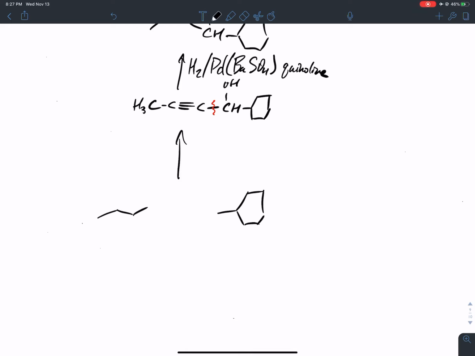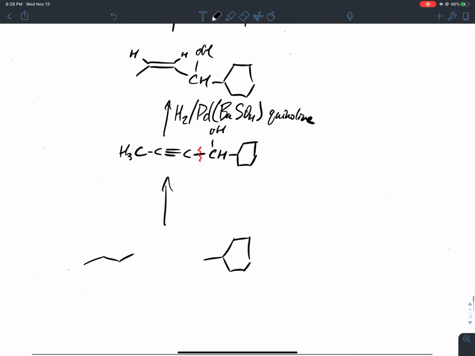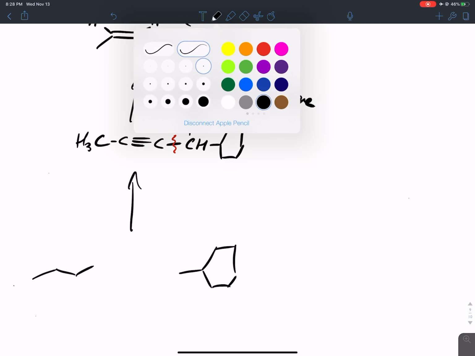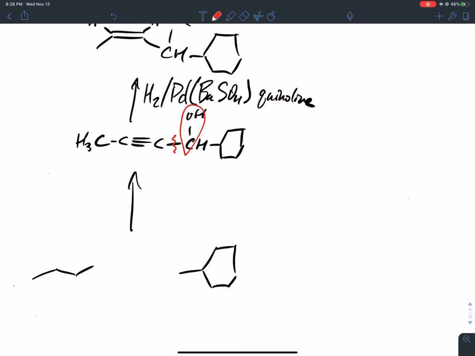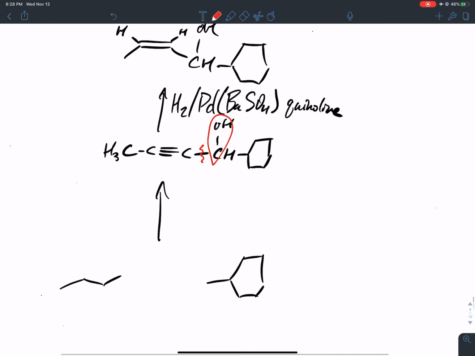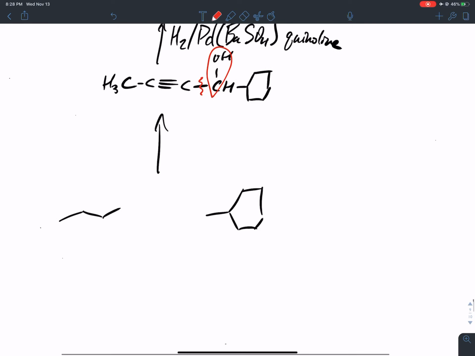How do we know where the carbonyl is going to go? The carbonyl is going to be on the side that holds the alcohol in the product. So left or right of the line, is our alcohol to the left or the right of the line? It's on the right side of the line, so the carbonyl is going to stay on the right side. So our carbonyl is going to be on that carbon right there.